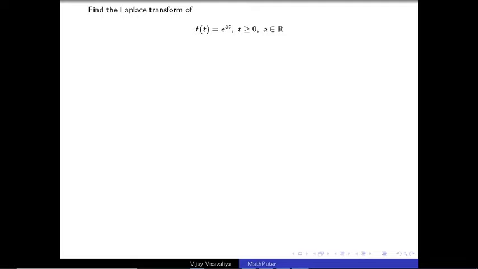Now let us choose the exponential function. We have given e raised to at, where t is our usual time variable and a is any real number. So the Laplace transform of e raised to at is this.